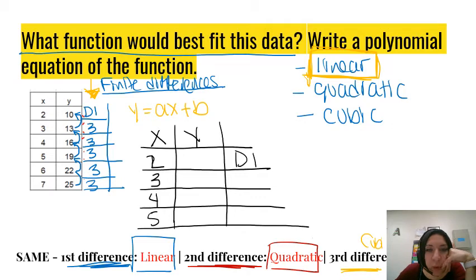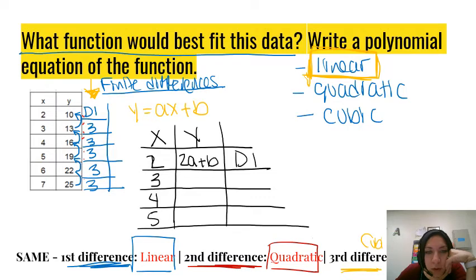And then you're going to take this function right here and plug in each value for x to get your new y to place inside your table. So we put 2 inside here, so we get 2a plus b.